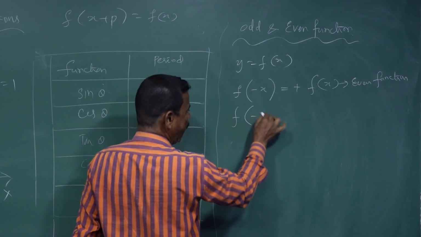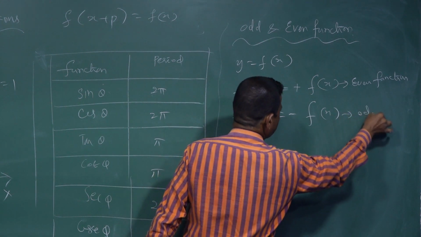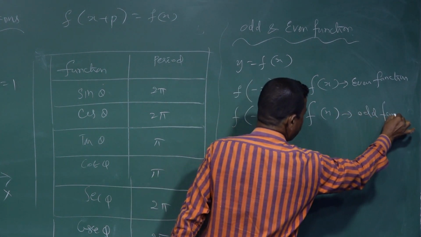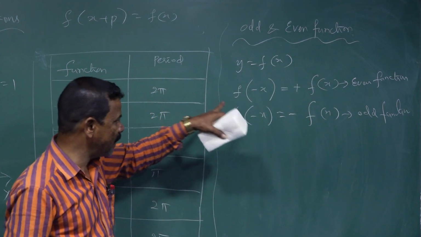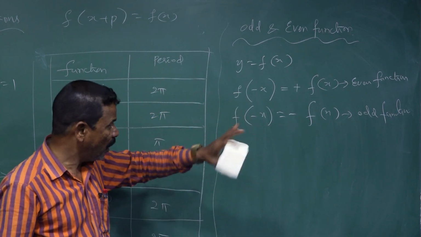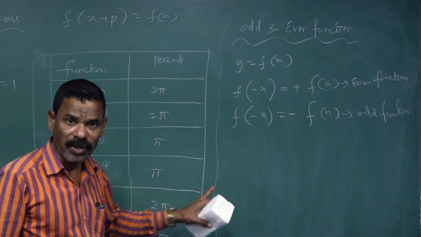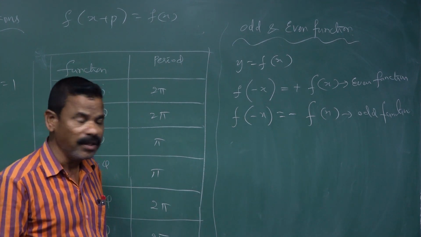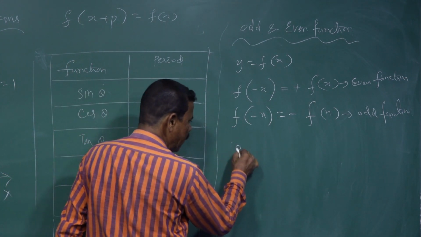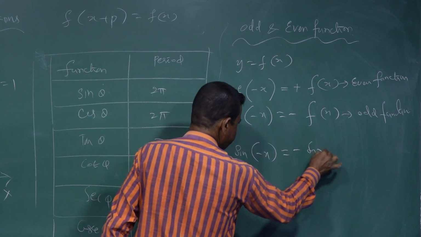If f of minus x is equal to minus f of x, that is called an odd function. Even function: f of minus x is equal to plus f of x. Odd function: f of minus x is equal to minus f of x. According to this, for sin, cos, tan, cot, sec, cosec, we decide. Sin of minus x is equal to minus sin x.